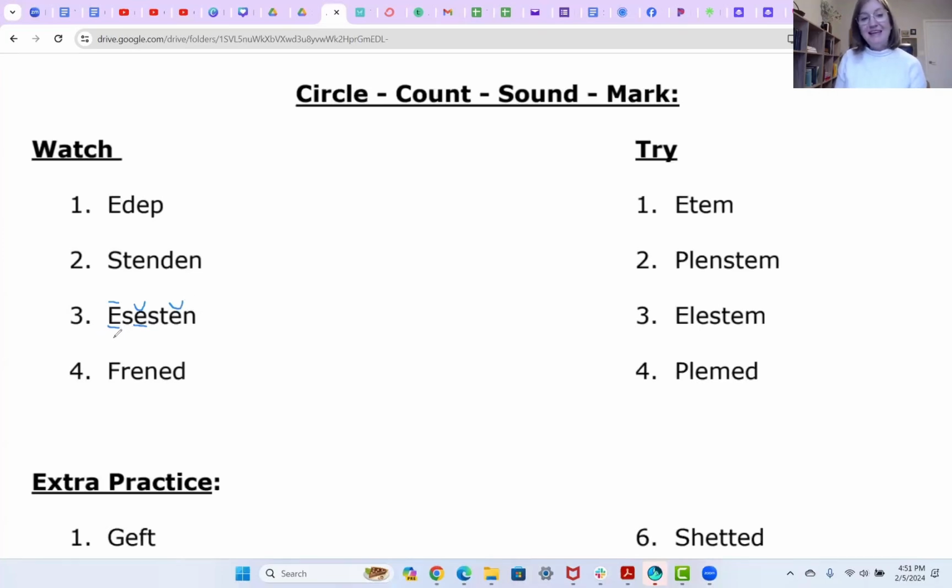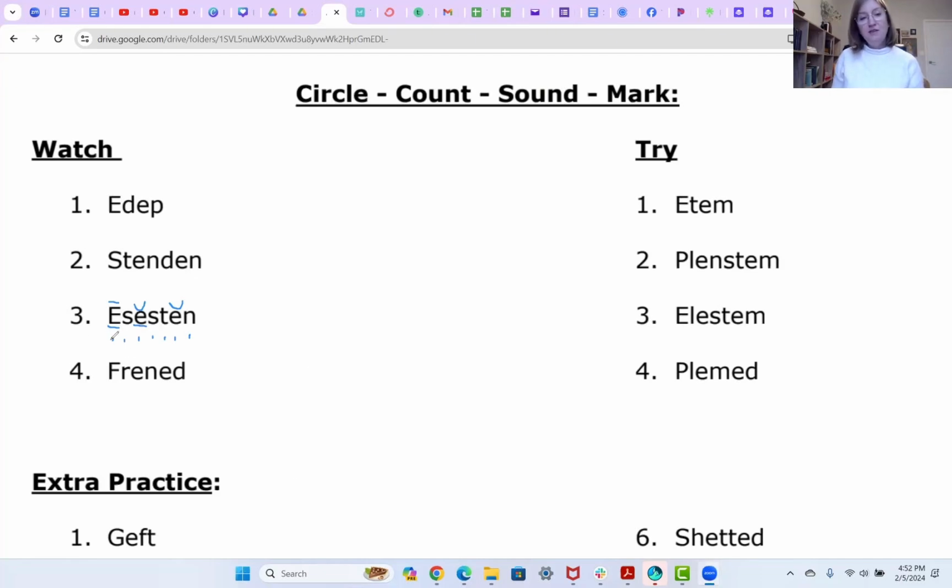These sounds are E, S, eh, S, T, eh, N. Those consonants are ones that we've talked about already. S and T are voiceless, only air, and for the N, your tongue stays to the roof of your mouth. So make sure you're pronouncing them just like me.